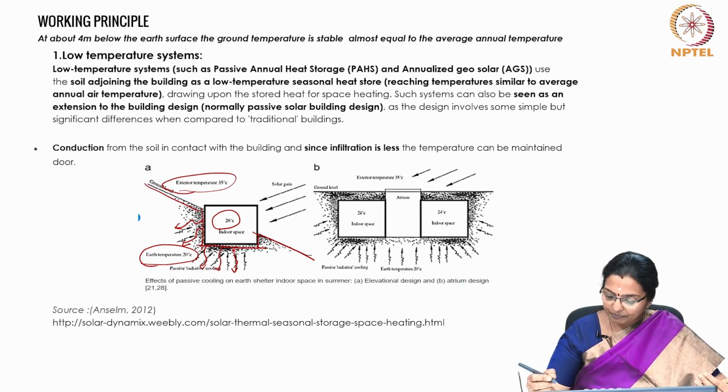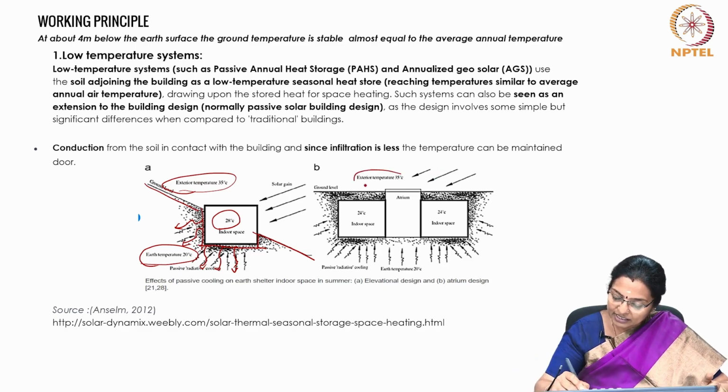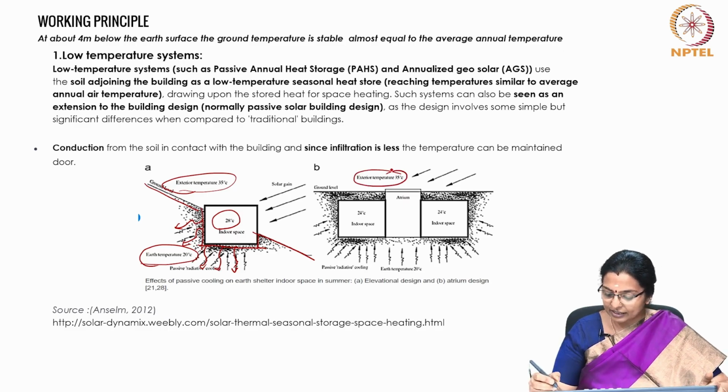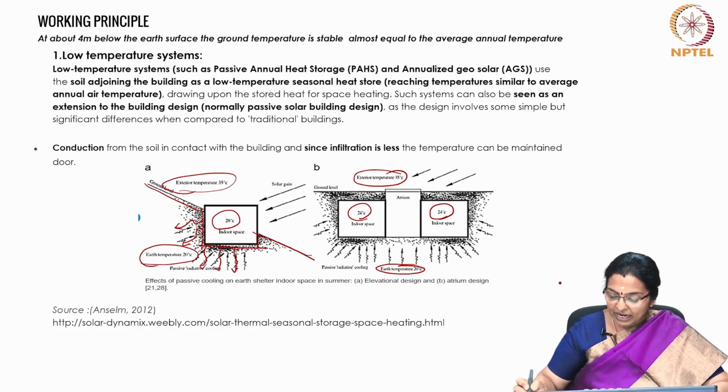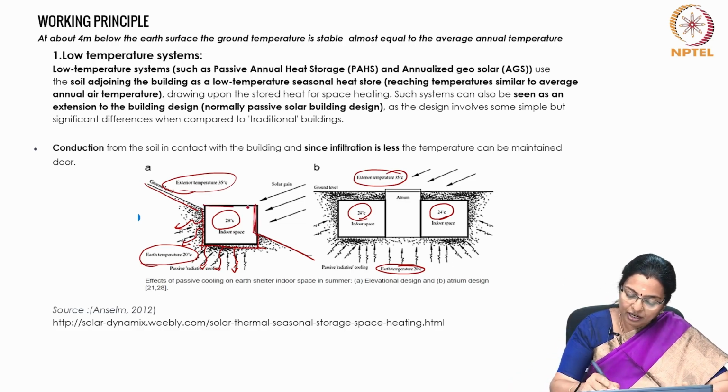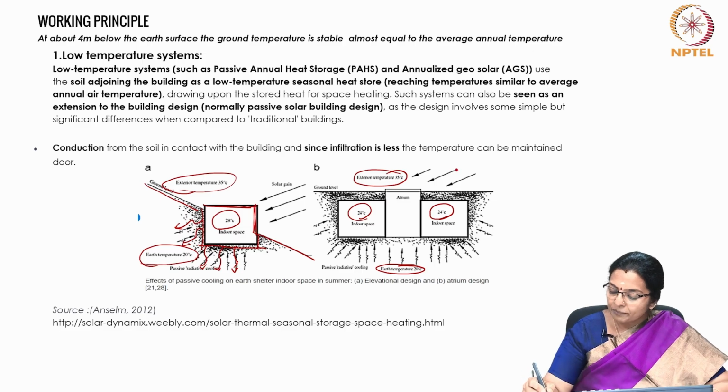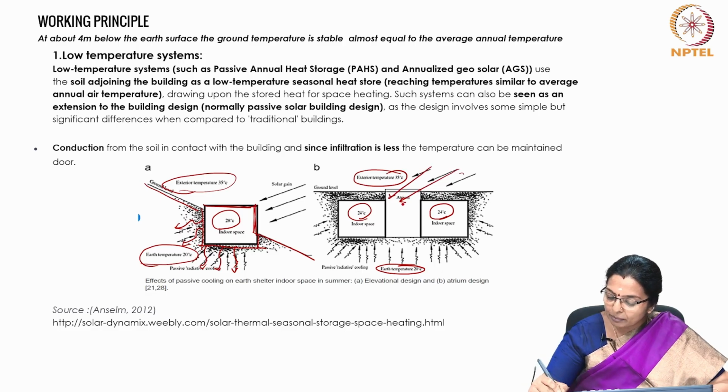If you look at the completely submerged atrium design kind of earth shelter, you can see that if the exterior temperature is 35 degrees centigrade and the earth temperature is 20 degrees centigrade, the internal temperature can be maintained at 24 degrees centigrade as compared to the elevational house, because the prospects of outdoor solar radiation get minimized, since it is an atrium concept.